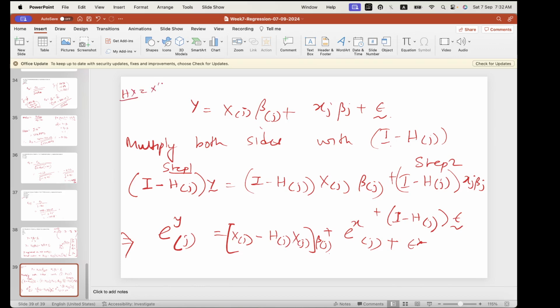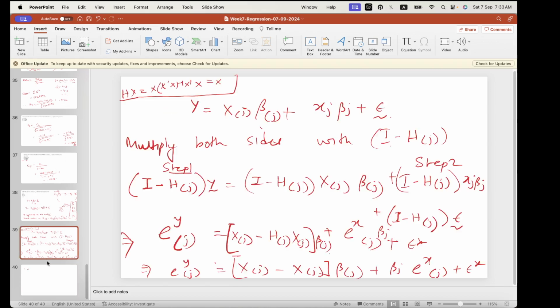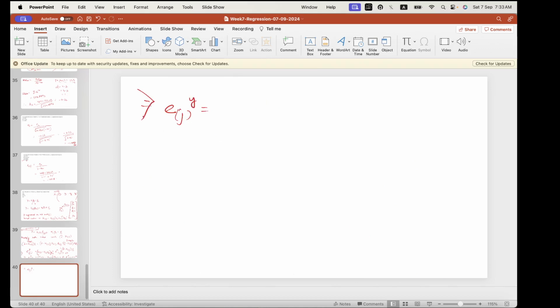HX is X transpose X inverse X transpose again into X, which is actually X. So HX is always equal to X. Therefore we have e_j,y equal to beta j e_j,x plus epsilon star.